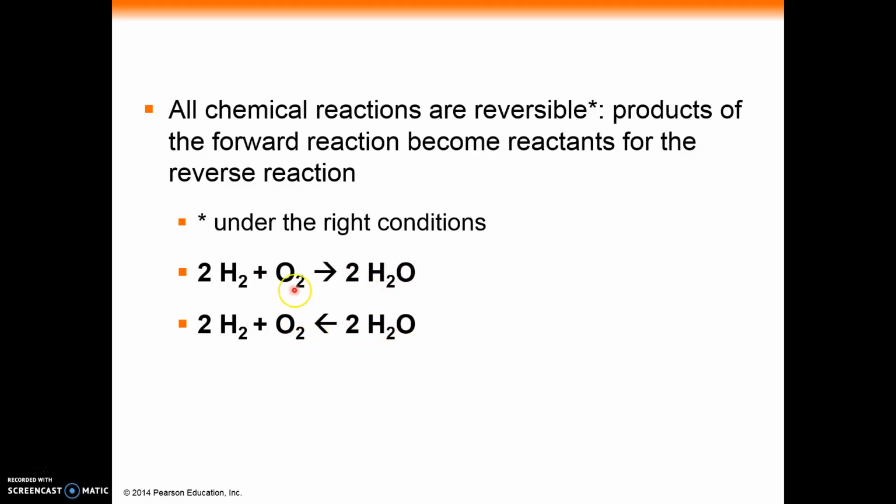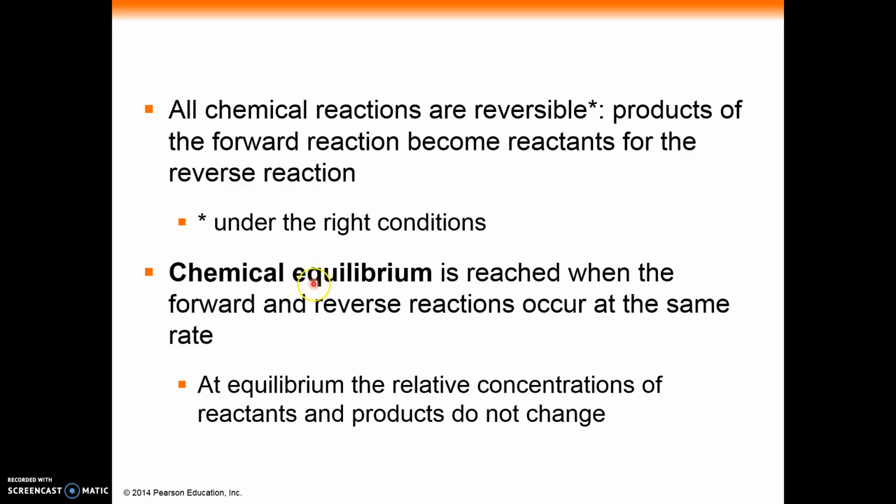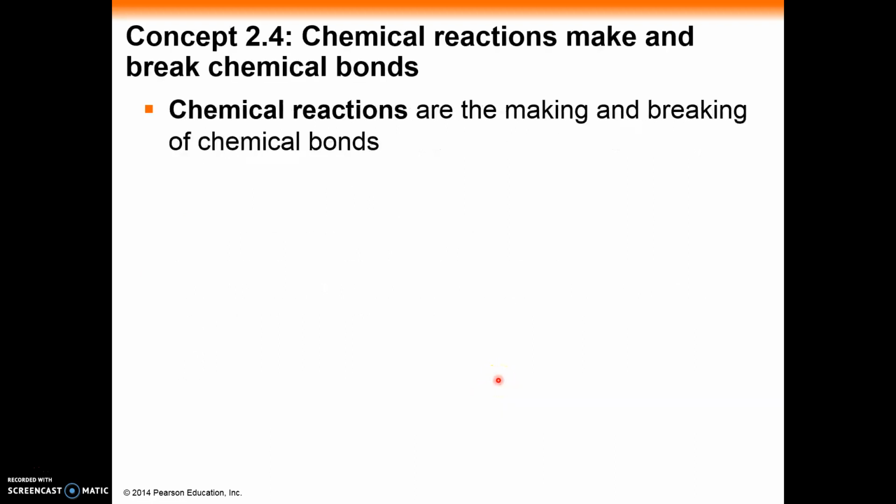These things can form a chemical equilibrium if the forward and reverse reactions are the same. And at this chemical equilibrium, all things stay in the same relative concentrations. We'll go into this deeper when we talk about metabolism. All right, so 2.4, chemical reactions make and break chemical bonds.